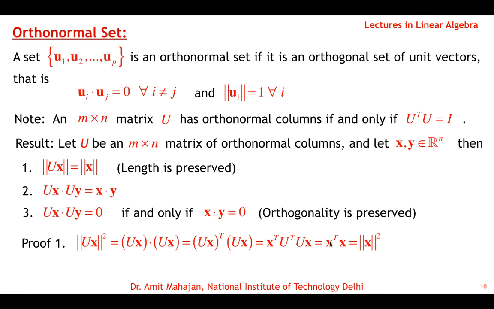So lengths are preserved. Similarly, for the second, if I calculate Ux dot Uy, again the dot product means the first transpose multiplied by the second, so it is x transpose U transpose U y, but U transpose U is identity, so it is x transpose y, which equals x dot y. The third is obviously true: if the left hand side is 0, then the right hand side must be 0.